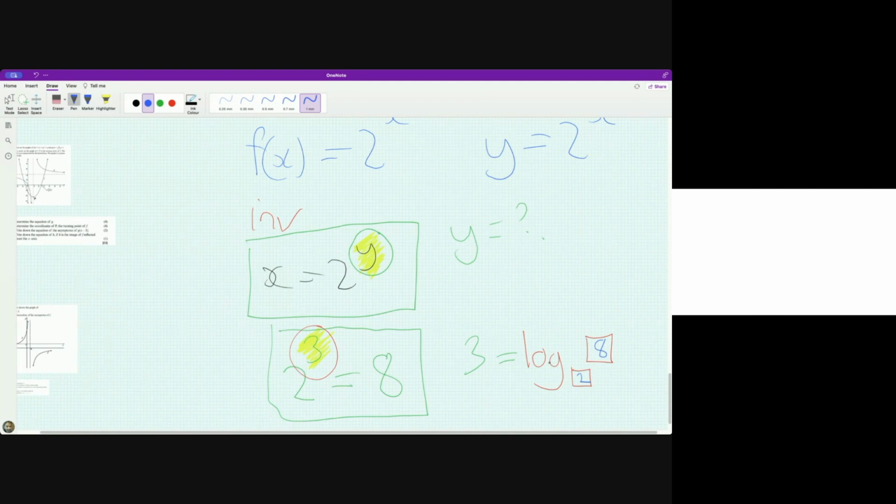And the way we say this is we say log 8 to the base 2. And what do you get in your calculator when you go log 8 to the base 2? Okay, surprise, surprise. When you go log 8 to the base 2, you get 3.